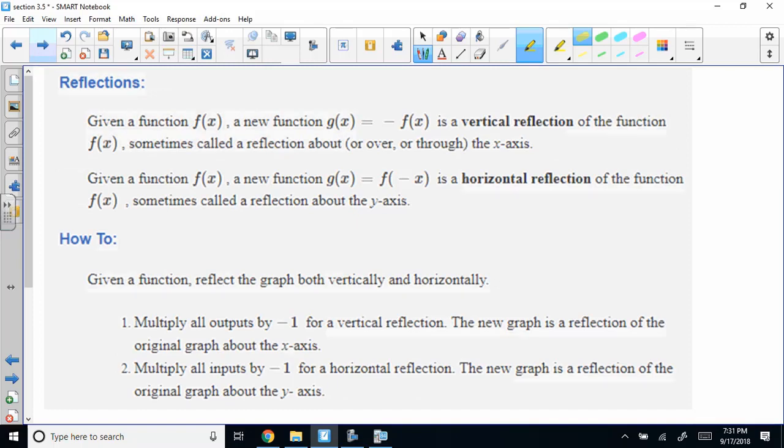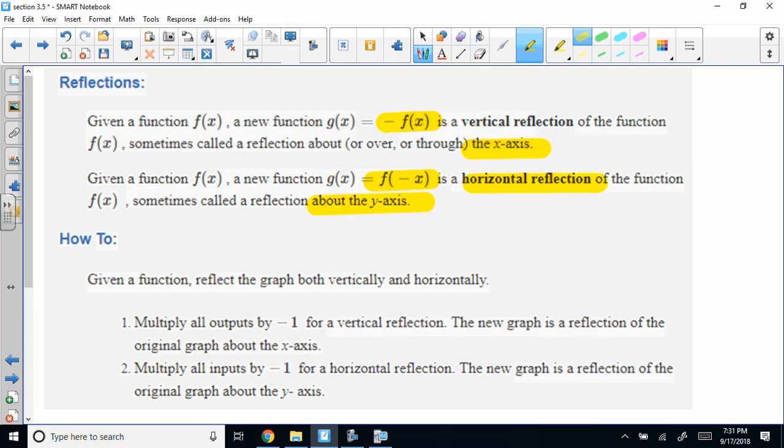All right, reflections. You have a vertical reflection and then a horizontal reflection. Vertical is basically reflecting over the x-axis. It's vertical, up and down, so the y values change. All they do is change signs. That's why they have right here negative f of x, compared to f of negative x, which is horizontal, about the y-axis.